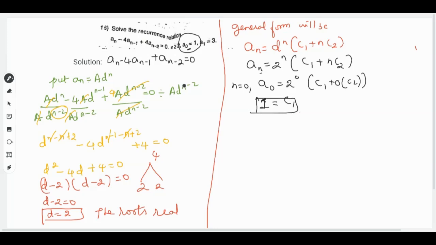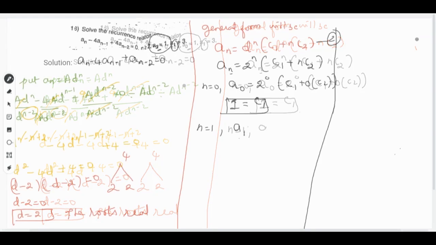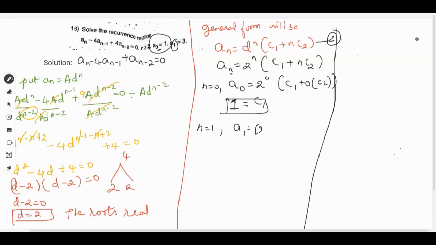Then find for the second one, we have n equals 1. So a1 equals 2 power 1 into c1 is 1 plus n is 1 into c2. A1 value is 3, so 3 equals 2 power 1 is 2, into 1 plus c2.